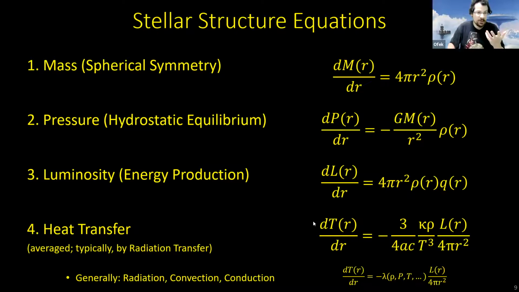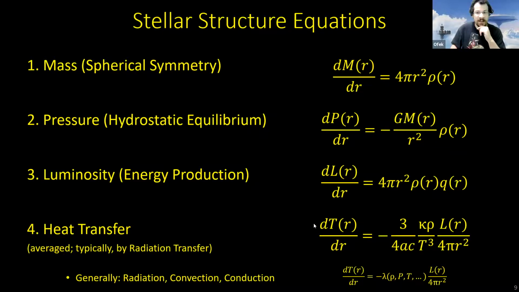And in the sun as well, if you want to dissipate heat, the luminosity L of R, through a temperature gradient dT dr, the density and opacity of the sun or the gas at that area are the governing factors behind this energy dissipation mechanism, this diffusion of this heat transfer. Okay, so this is now useful because this fourth function, dT dr, added another variable, and it added another equation.